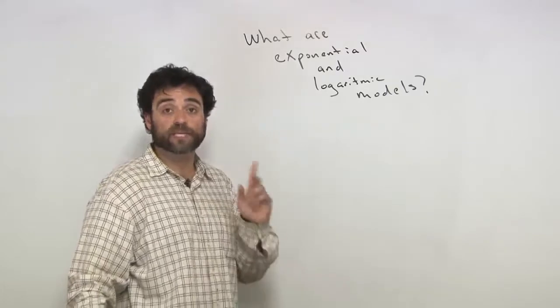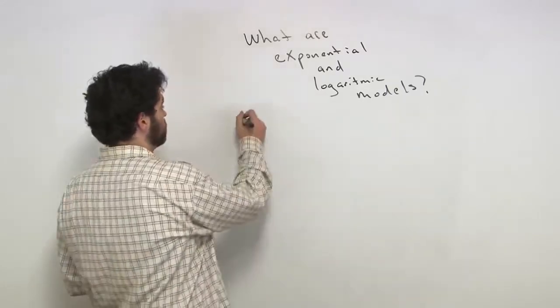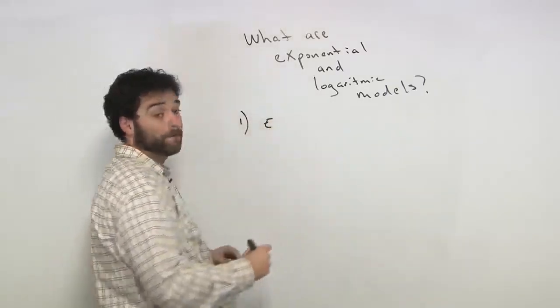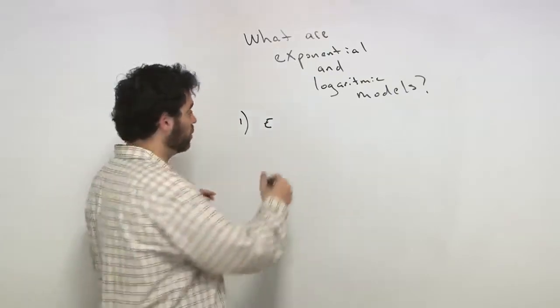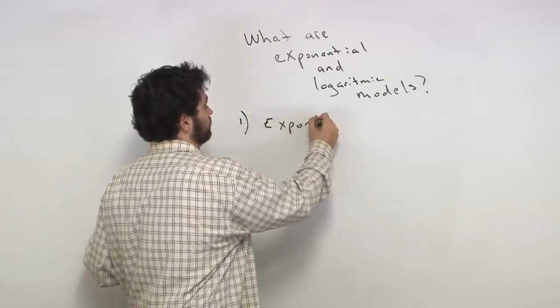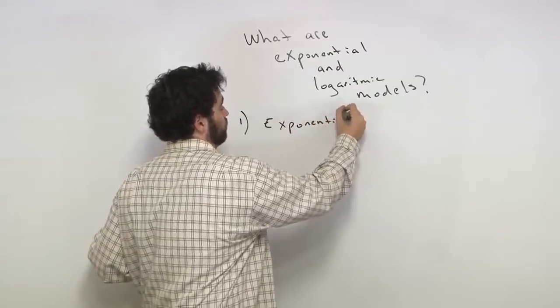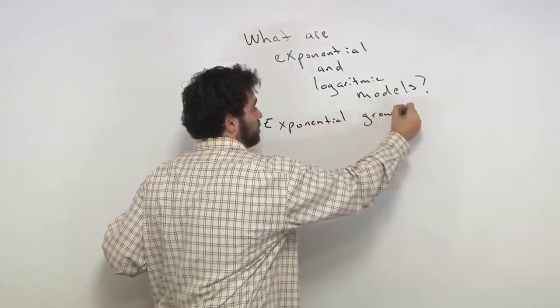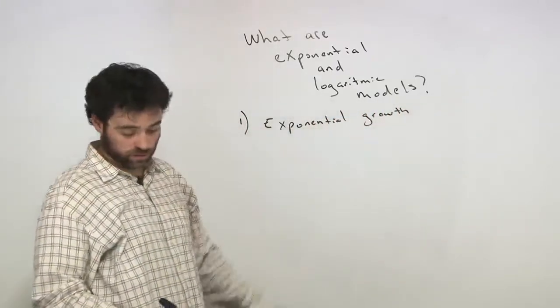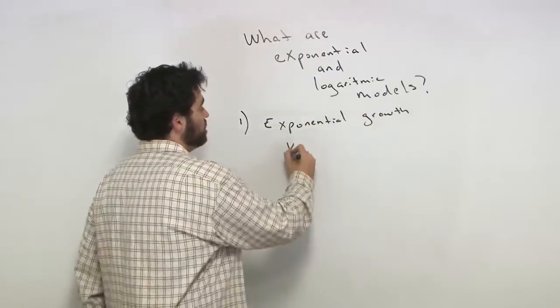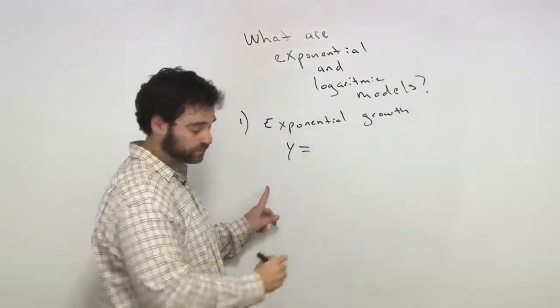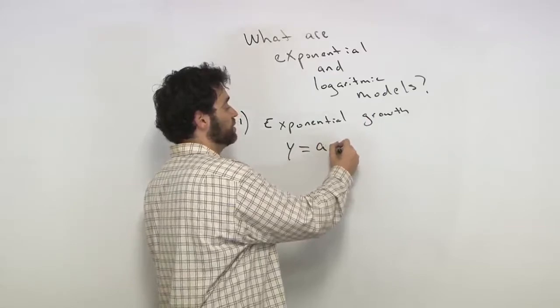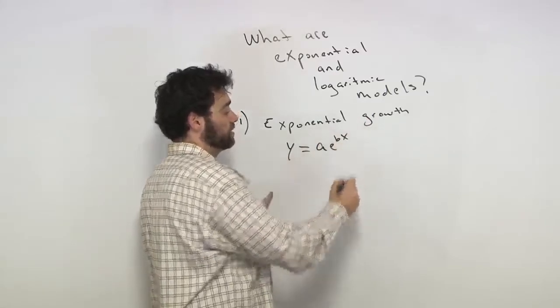The first one we talk about is exponential growth. We want to model, what does the exponential growth model look like? That equation, that model, is y equals a e to the bx.